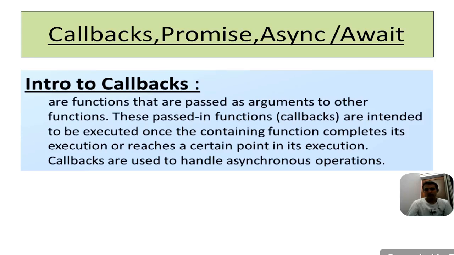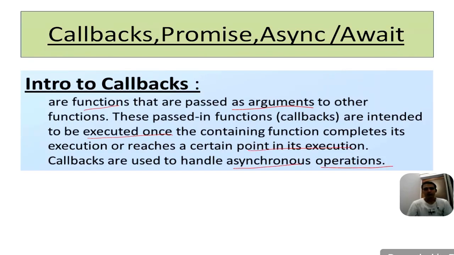Alright guys, so here is the intro to callback. Callbacks are functions that are passed as arguments to other functions. These passed-in functions are intended to be executed once the containing function completes its execution or reaches a certain point in its execution. Callbacks are used to handle asynchronous operations.